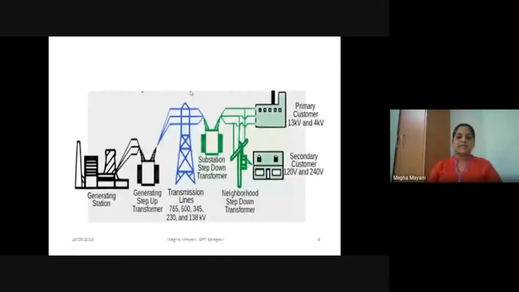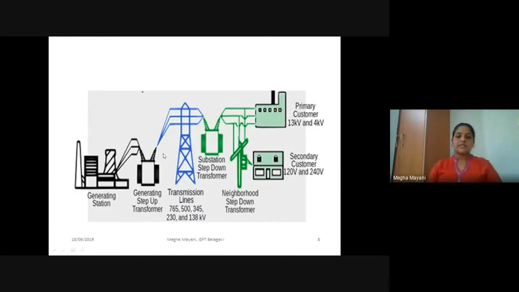As mentioned, both step down and step up transformers are used in the different sections of power plants. So you can see here a typical example. We have a power generating station. Then to boost the signal, we have a step up transformer placed, and then through the transmission lines, these will be distributed to the domestic areas. So we need a substation in between the transmission lines and the secondary or primary customers, where a step down transformer will be used.